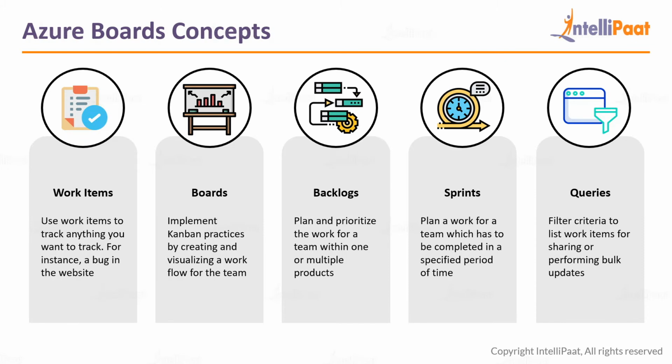And finally, queries. This is one of the important features of Azure Boards, guys. We obviously know there will be a lot of tasks and bugs coming in. So let's say you just want to check the active bugs. There is a querying area. You can go over there, select the work item, which is bugs, and then you can choose the state.